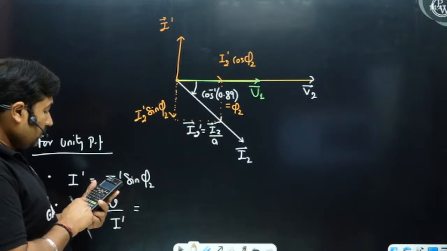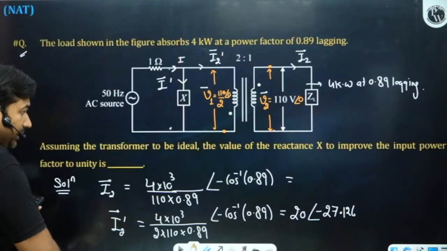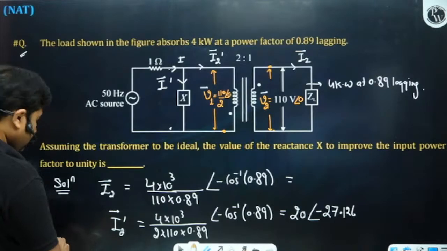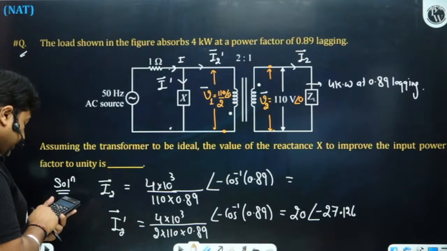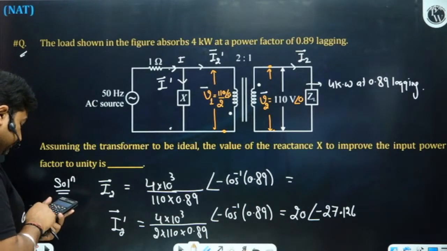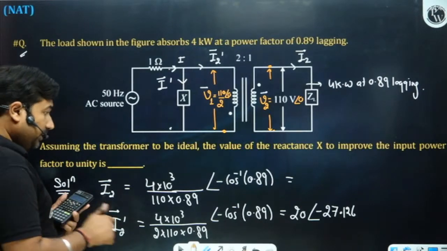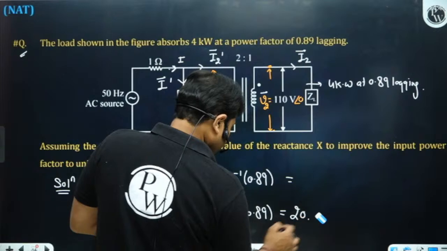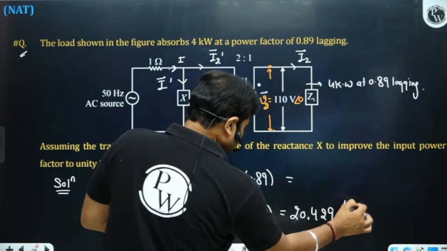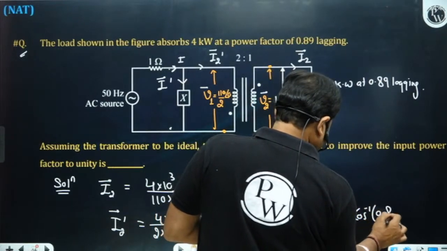So I2 dash we have 20.429 at an angle of minus cos inverse 0.89.